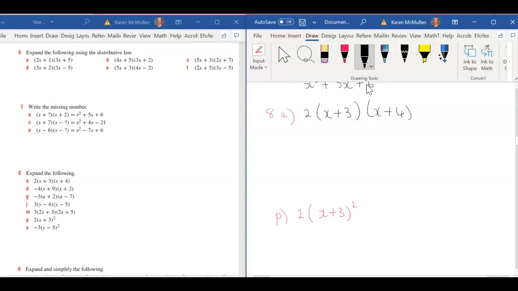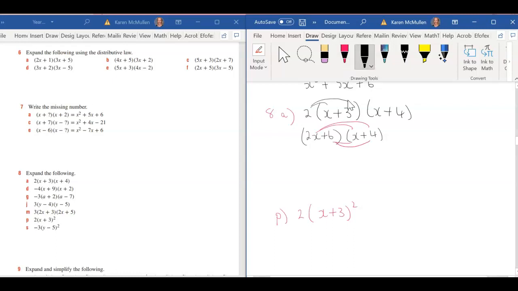just be careful when you've got a number out the front multiplying, because you can multiply this 2 in like so. Alright, that 2 can multiply in that bracket, but it can't multiply both brackets. So you can do (2x plus 6)(x plus 4). Alright, and then do your FOIL.